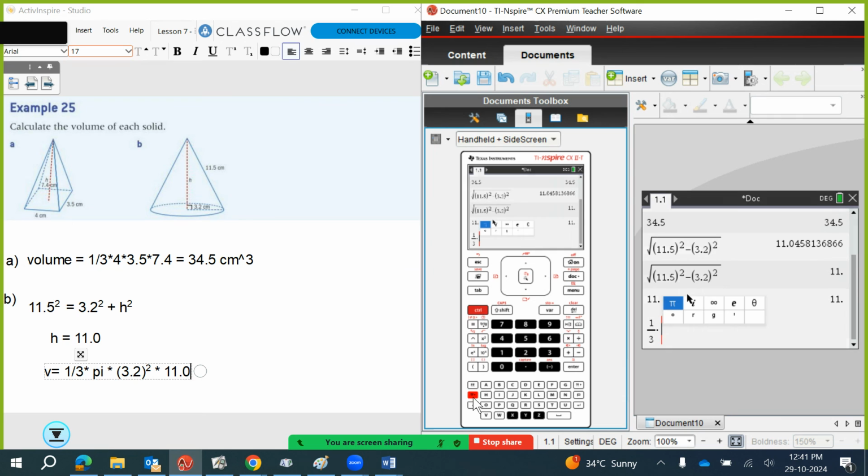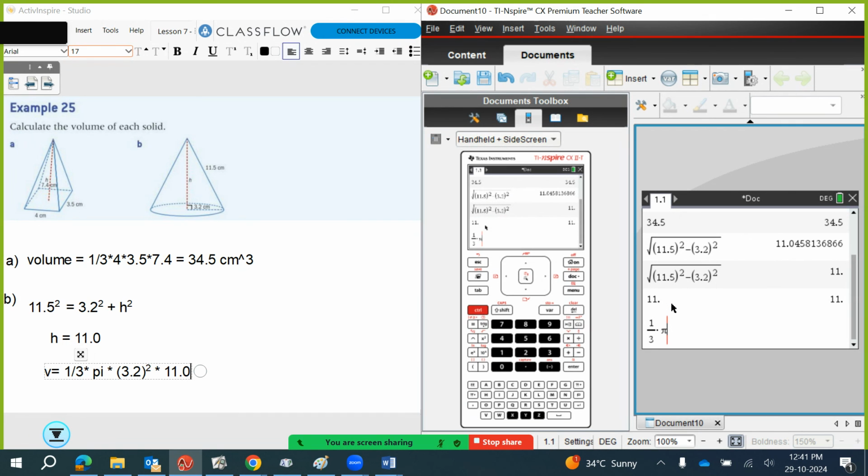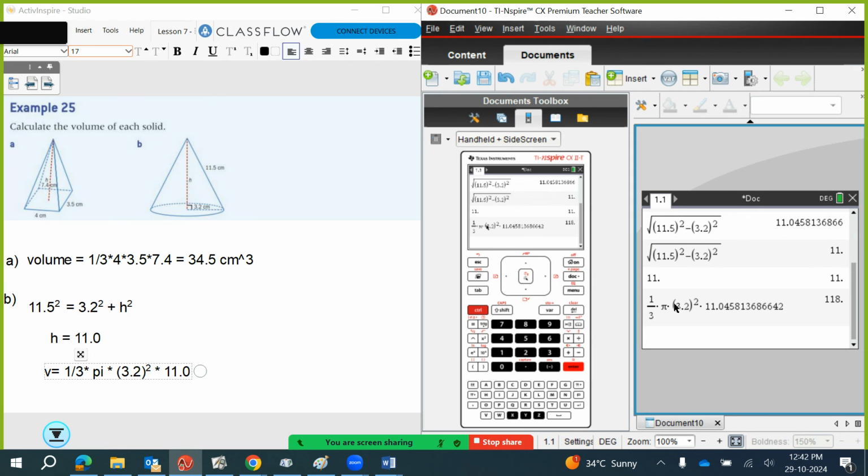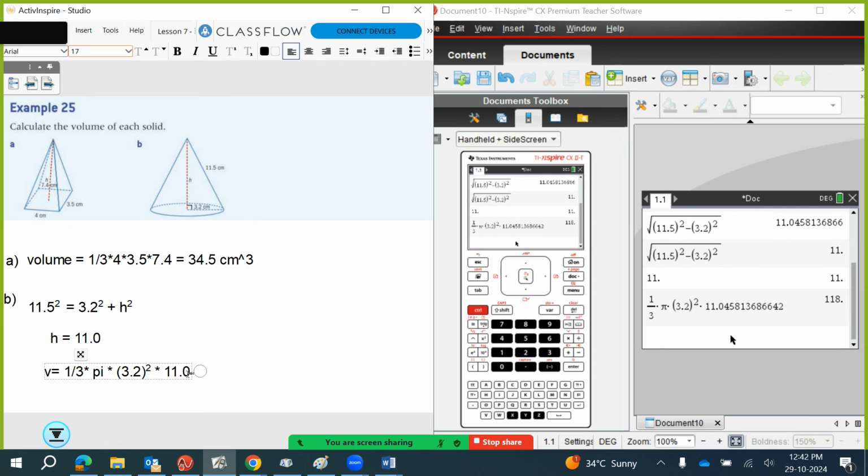We'll find that down here on the bottom left. That's pi. Times 3.2 squared times, and I'll just scroll up and use the exact value that we got here. And we get 118. Are we in centimeters again? So centimeters cubed.